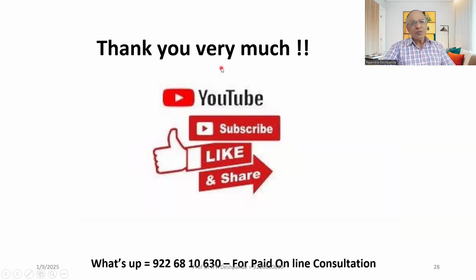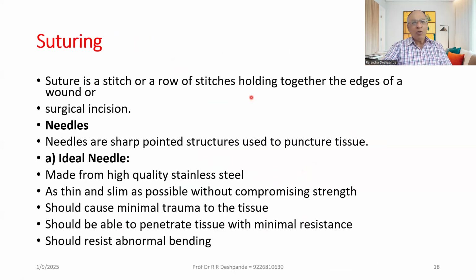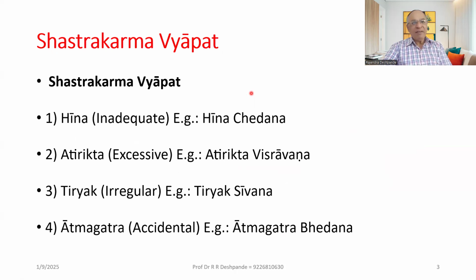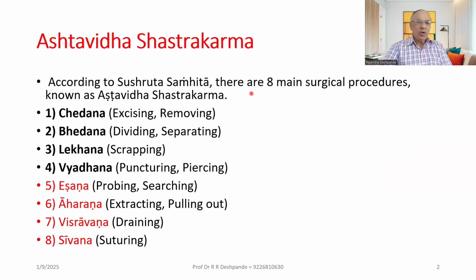So my dear friends, today's topic was very interesting regarding the Ashtavidha Karma, and we have discussed a lot about Ashtavidha Karma. In the last few minutes, I will repeat these particular names. So let us have the Ashtavidha Shastrakarma names. Chedana, that is excising and removing. Bhedana, that is dividing or separating. Lekhana, that is scraping. Vyadhana, that is puncturing or piercing.